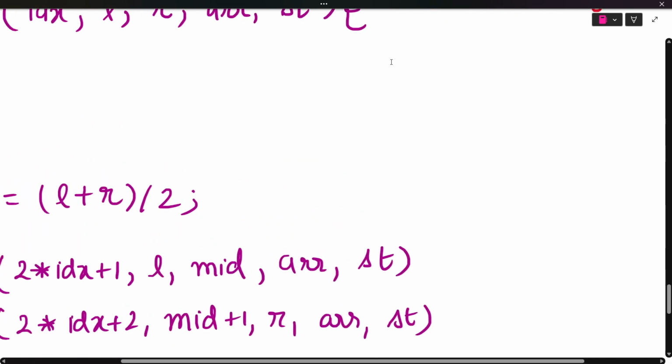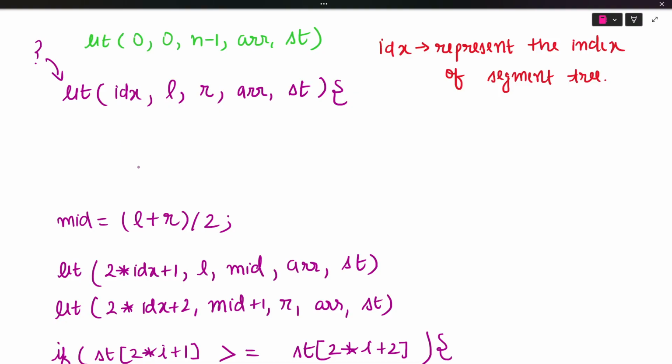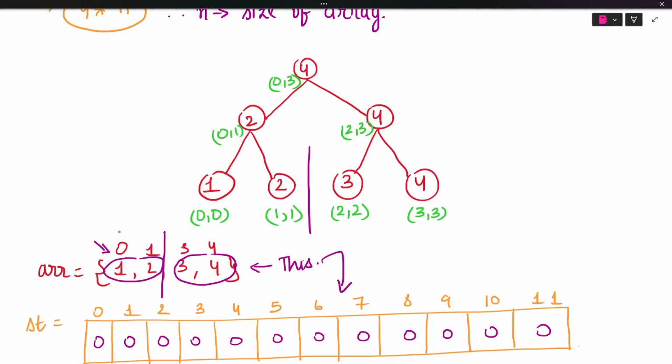So what will be the base condition is that if L equals R, which means we have a single element left. See, here L equals R, here L equals R, and here it will be L equals R, right?